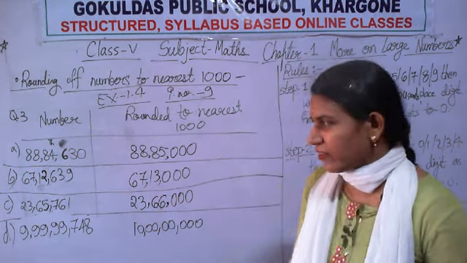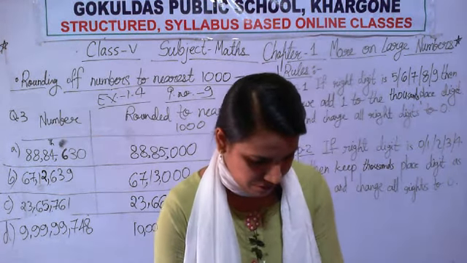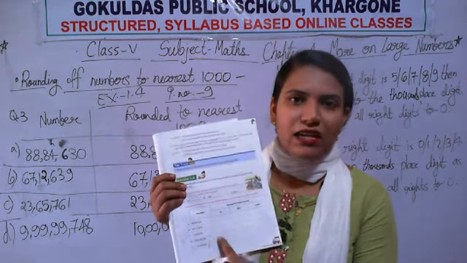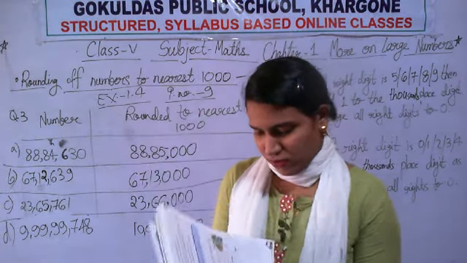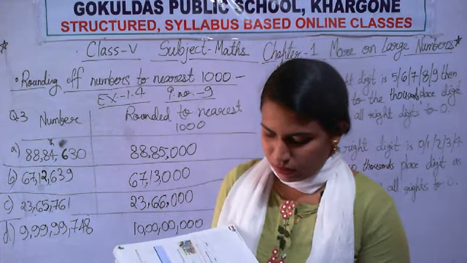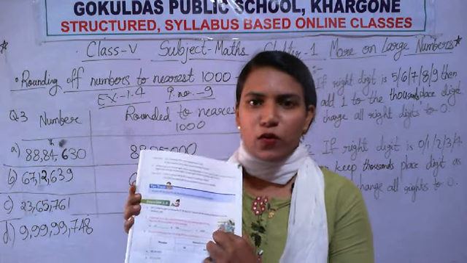I hope you understand the topic well. This one, the last question, you have to do on your own. And part C of question number 2 also you have to do on your own, okay?